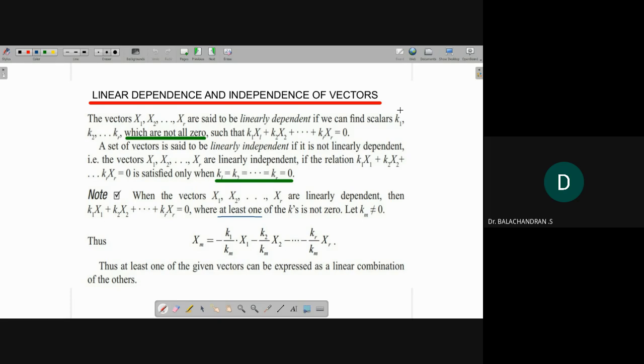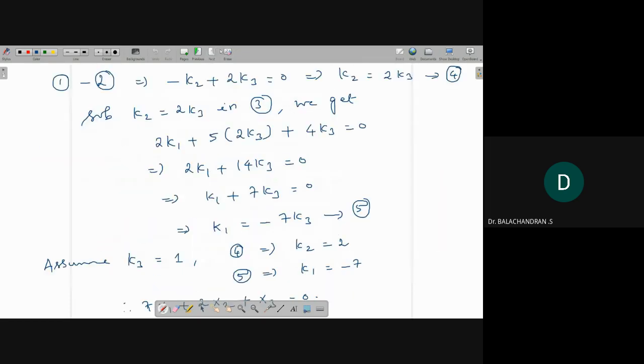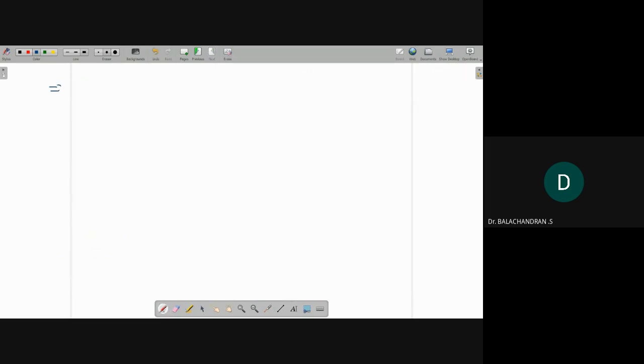From this, I can find some scalars which are not all 0. Therefore, the vectors x1, x2, and x3 are linearly dependent.